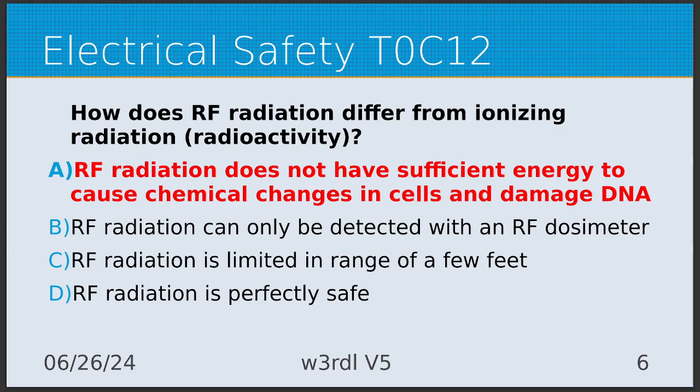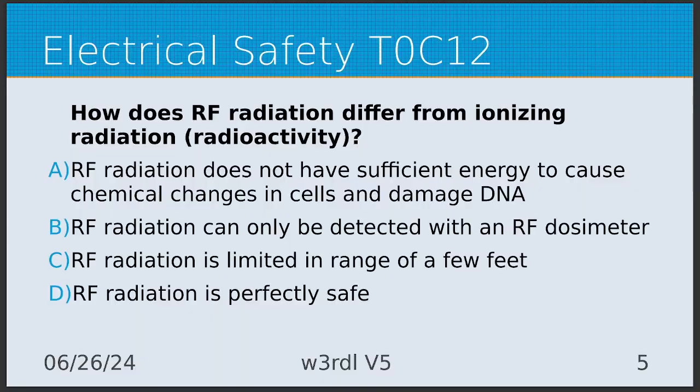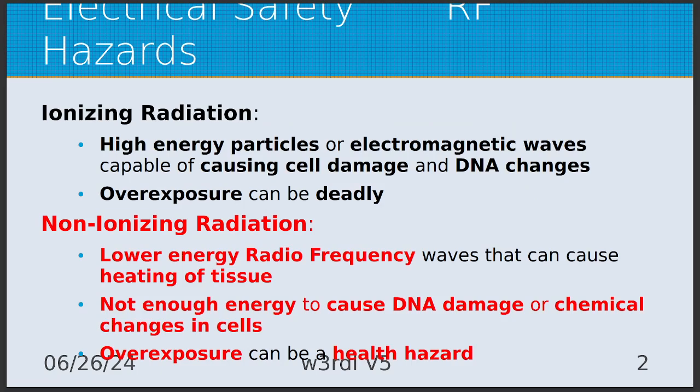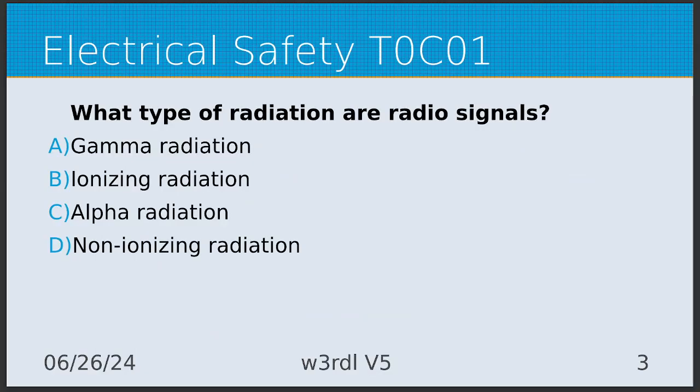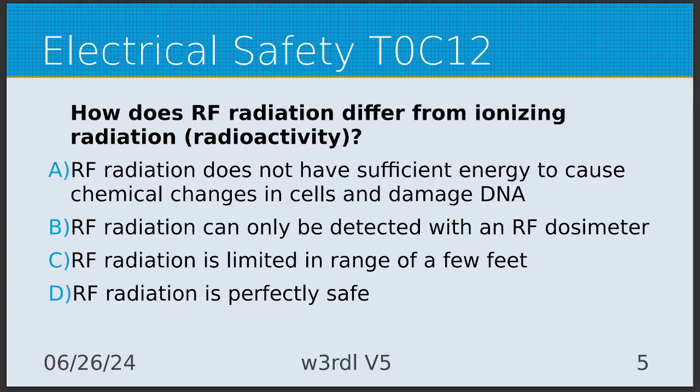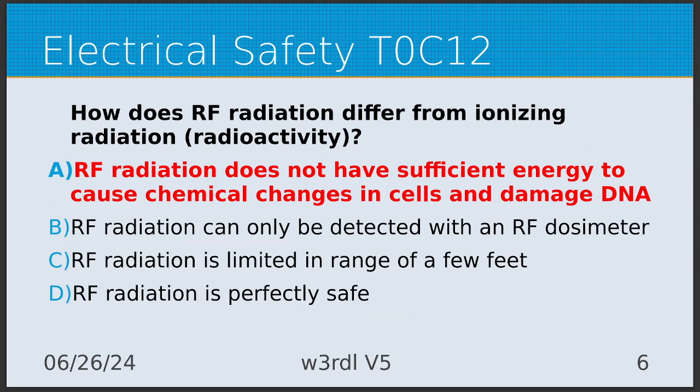RF radiation does not have sufficient energy to cause chemical changes in cells and cause damage, but it is still, how did they word it there? A health hazard? Yeah, worded it as a health hazard. Overexposure can be a health hazard, but for the most part, you're not going to get overexposed with most of this.